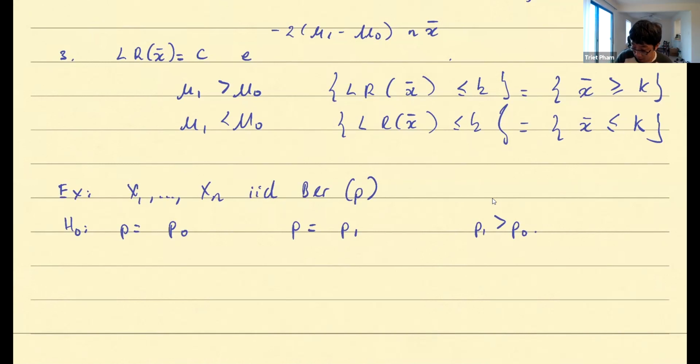This relation is flexible, but let's just assume that's the case. Then show that X bar is bigger than K is the most powerful.